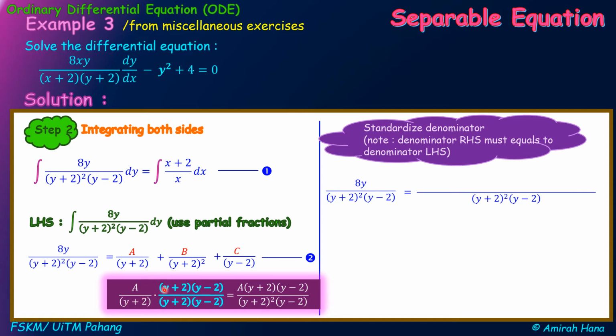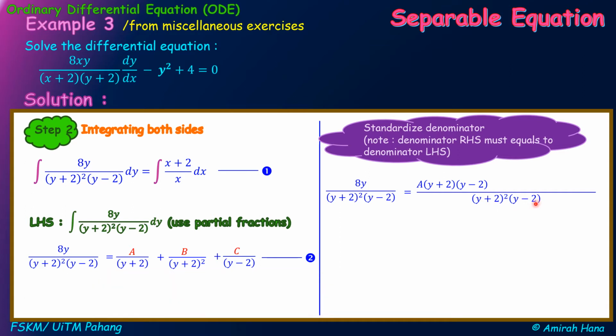So now after we multiply A by y plus 2 times y minus 2, we get A times (y plus 2)(y minus 2) with denominator (y plus 2) squared times (y minus 2). Okay. So we can write A times (y plus 2) times (y minus 2) over (y plus 2) squared times (y minus 2).